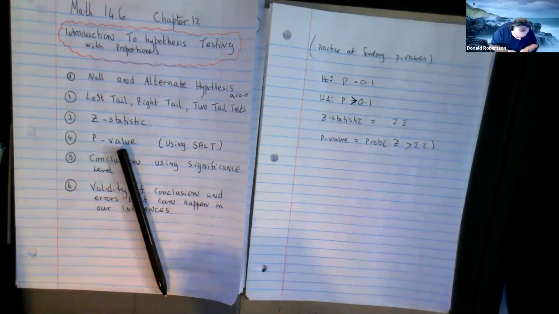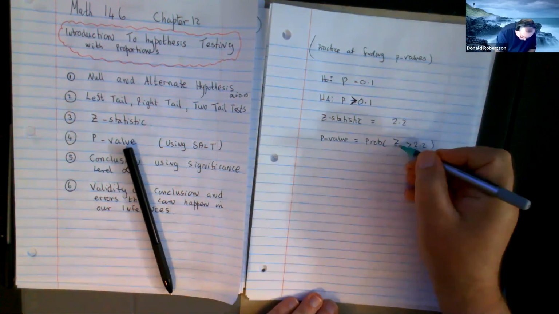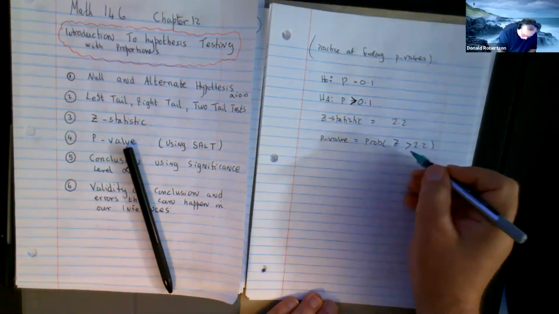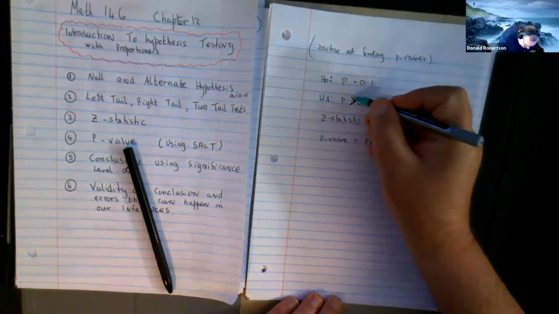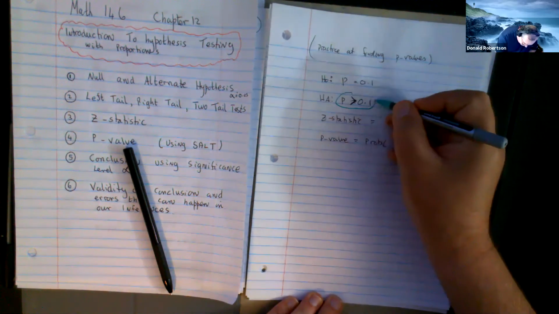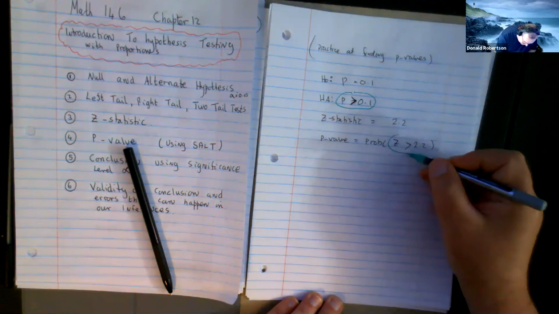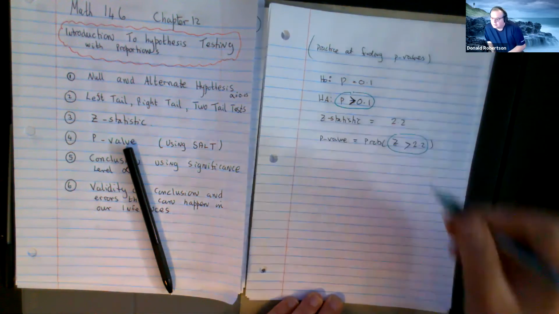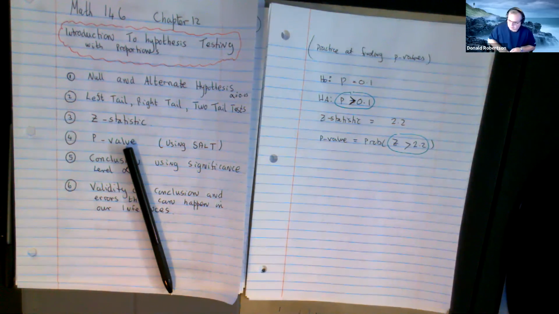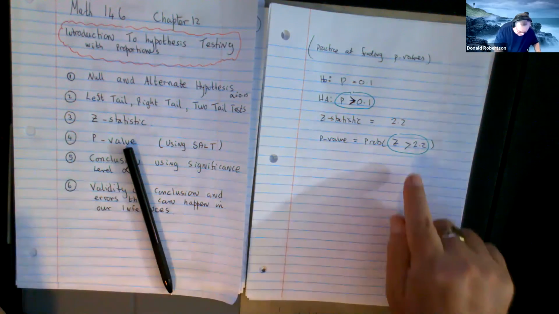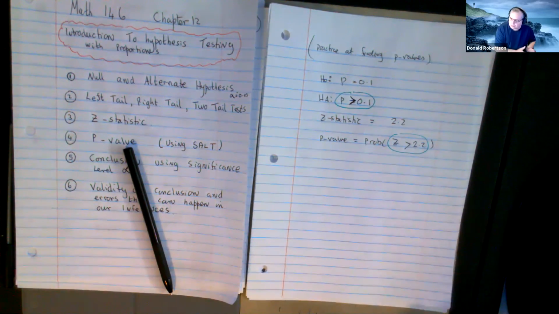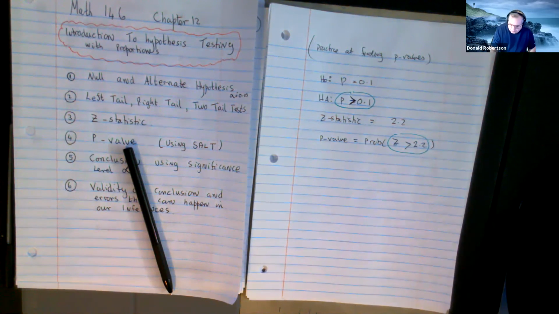So if you're wondering which way around to do your p-value, is it greater than the number or less than the number? It has the same direction as this other. Right, at this point, we go and we use salt, because salt is going to tell us the probability that you get a Z score greater than 2.2.